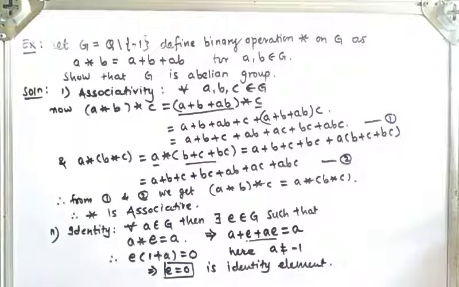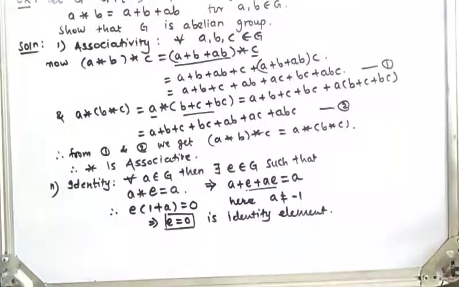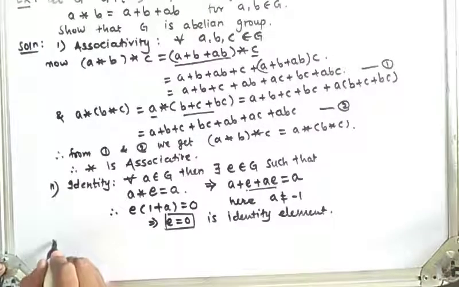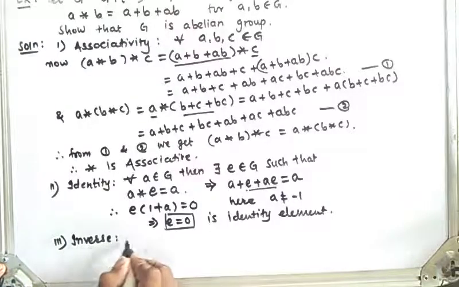Now to find the inverse of every element in G. So third, inverse. What is the definition?